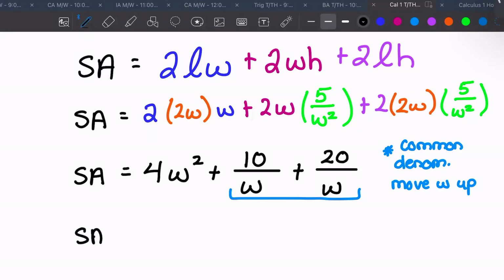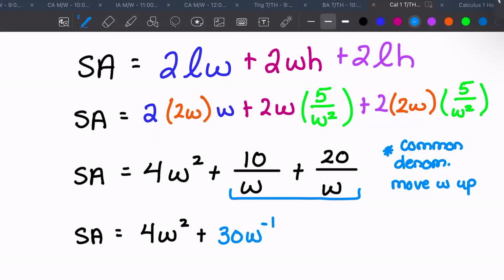So I have 4W squared plus 30 W to the negative 1.